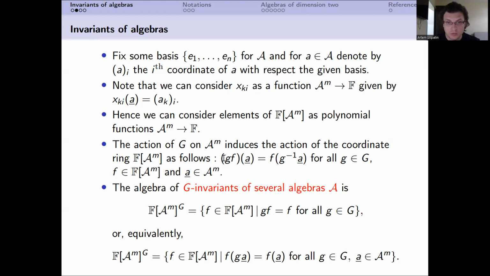Essentially, we just consider the action of group G over the argument of the function, and by doing it we obtain the action over the function, because here the field F is infinite, and then the function is uniquely defined by the way it acts on elements of the direct sum of several copies of the algebra A.